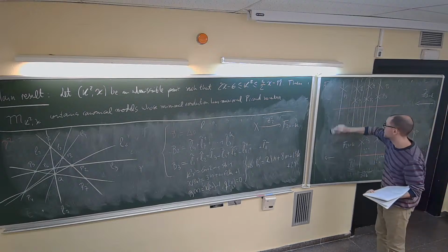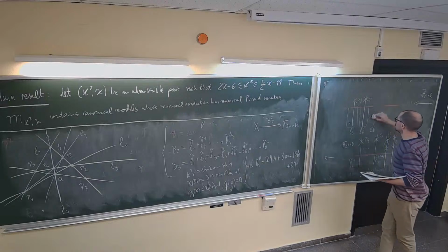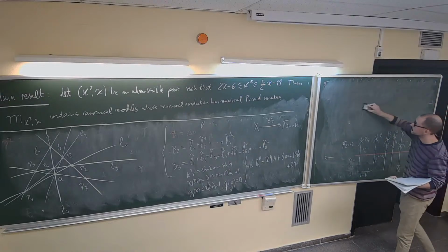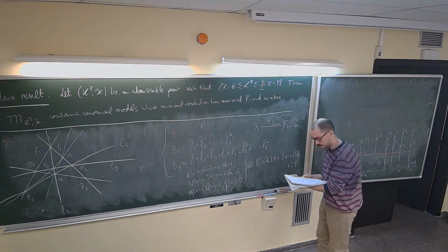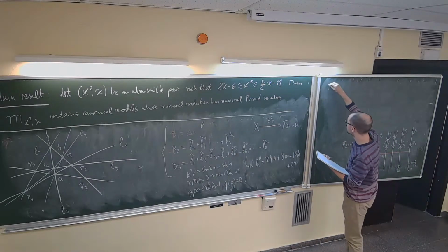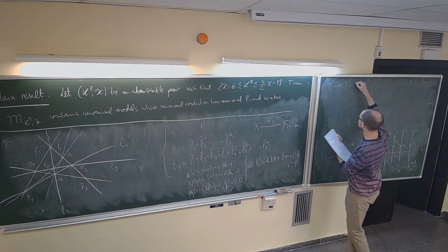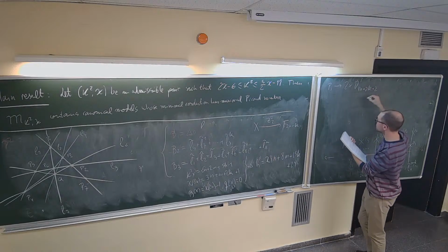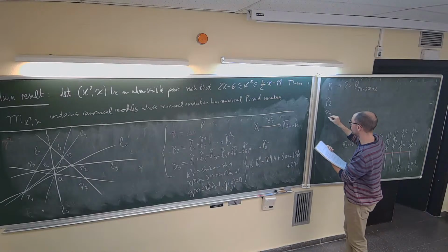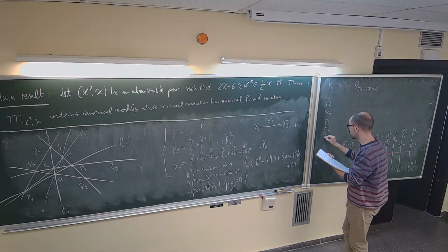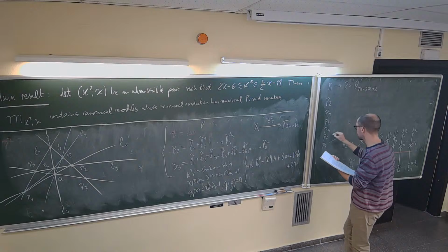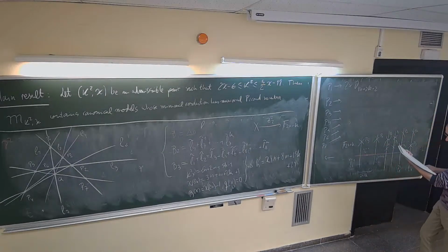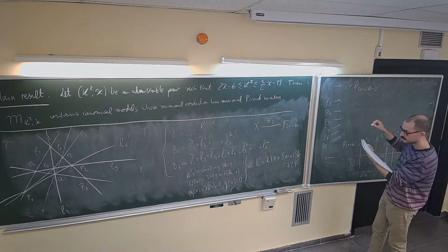So actually, from P1, we get two singularities of this type. From P2, we are going to get some singularities. So from P1 we get these singularities.